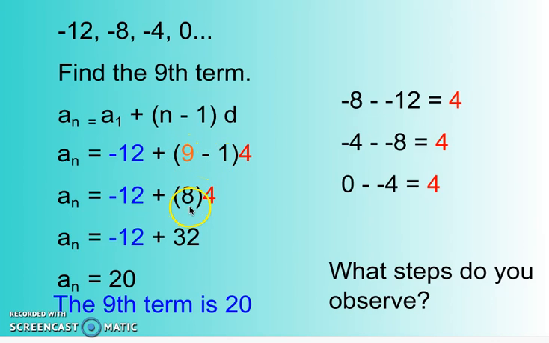Then the next step is multiplication: 8 times 4. Remember, any number next to parentheses means multiplication. So 8 times 4 is 32. Then our last step is addition: -12 plus 32 is 20. So our 9th term is 20.